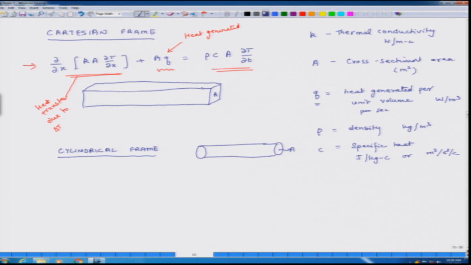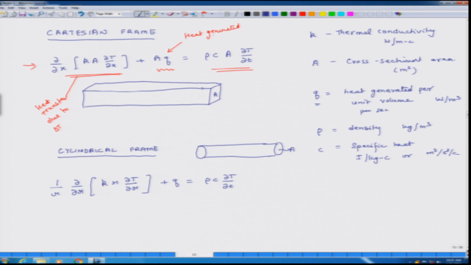And for that, the governing equation is 1 over R partial of K r times del T over del R plus Q, which captures the effect of heat generated per unit volume, equals rho times C into del T over del t.